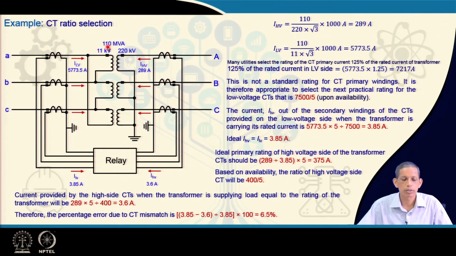The transformer rating is 110 MVA. The CTs in a 3-phase system can be connected in star or delta, but typically with a numerical relay you do not require that; both sides' CTs are connected in star here. We will discuss more on the typical CT connections later on.